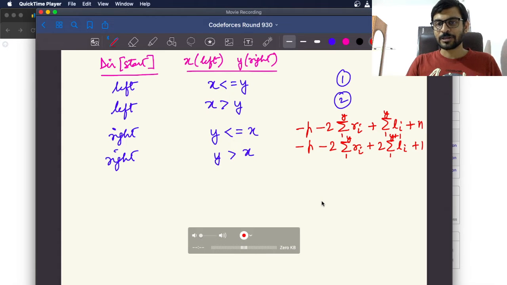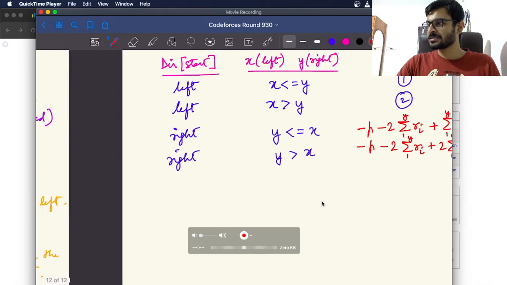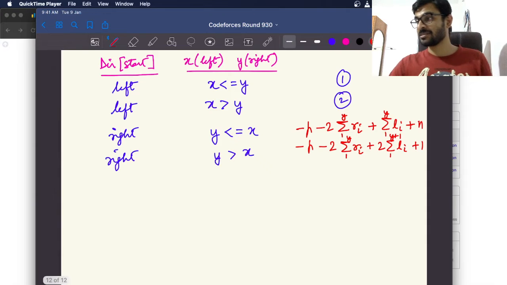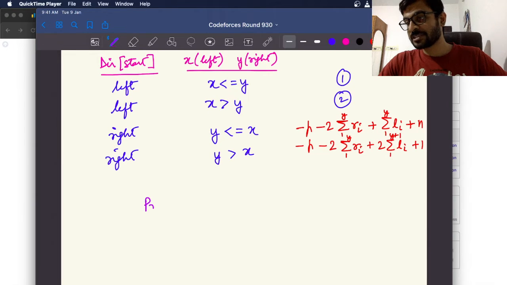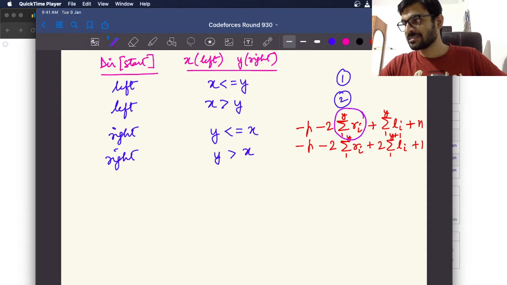Now the next point is how to calculate this. It is possible to maintain a prefix sum. What matters to me is that up to a certain point water may arise.